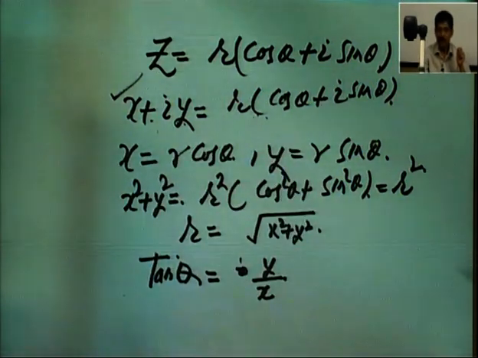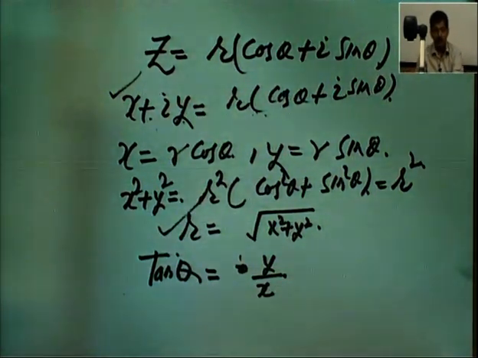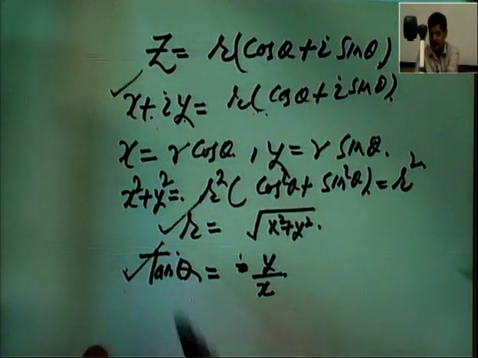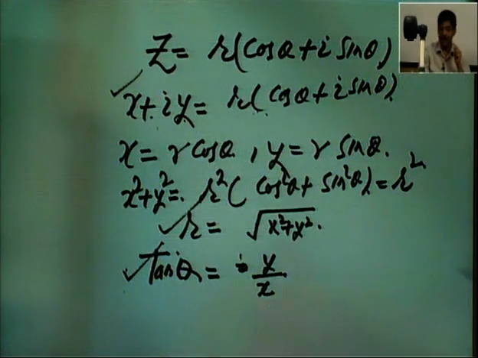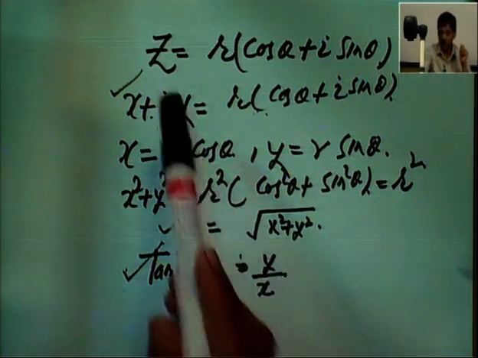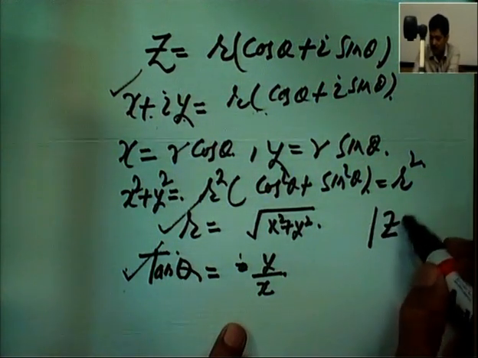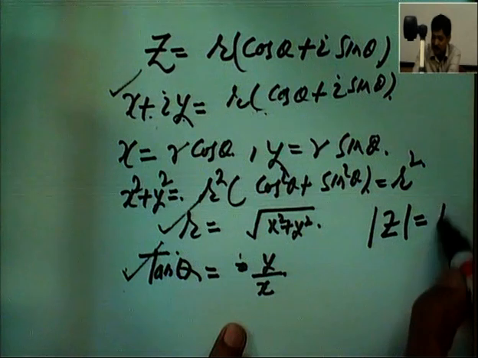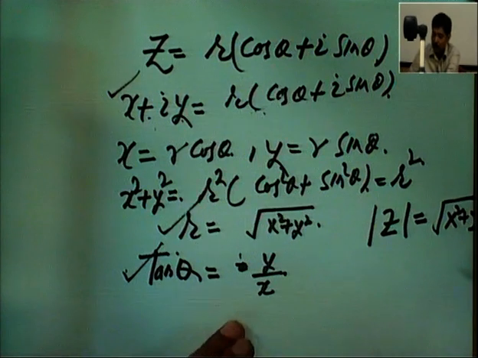These are two complex numbers, so equating their real and imaginary parts, I get r is equal to square root of x square plus y square, and tan theta is equal to y upon x. Well, this r is usually known as the modulus of z, that is mod z is equal to square root of x square plus y square.